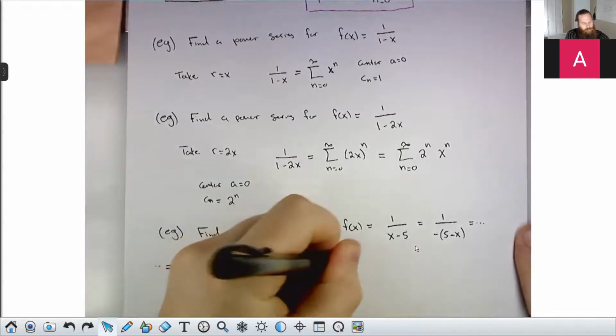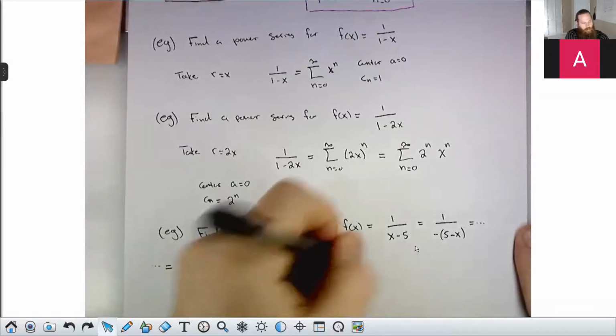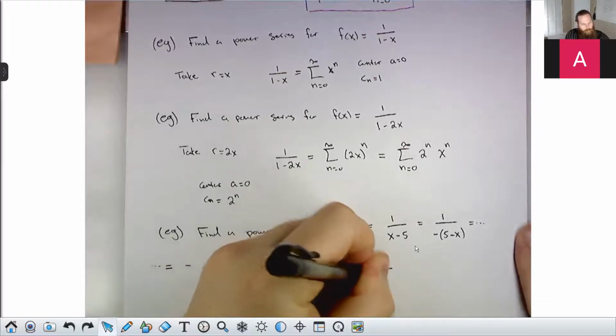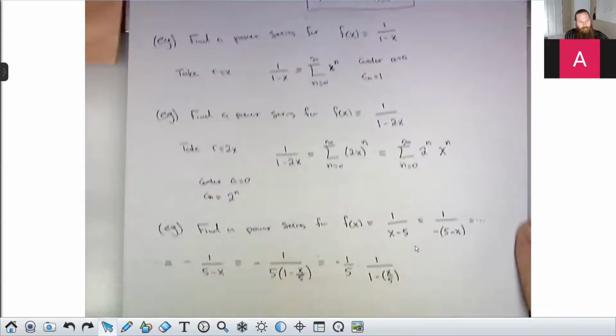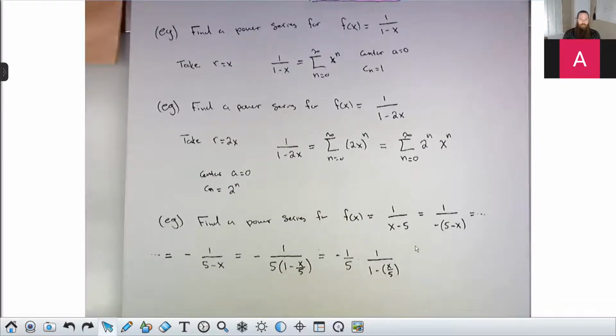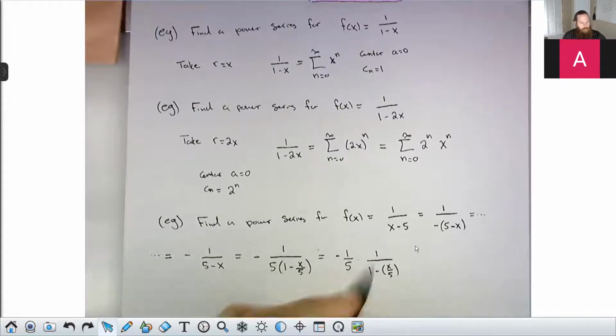This is negative 1/5 times 1 over 1 minus x over 5. So this 5 comes off as a 1/5. I'm just writing these parentheses to emphasize that x over 5 is a single chunk there.